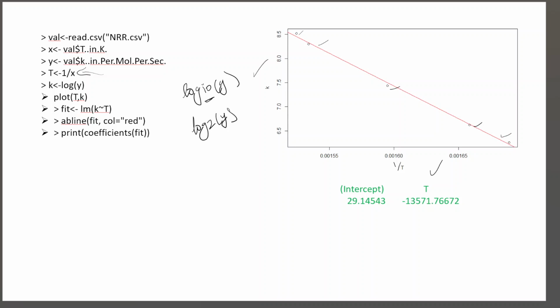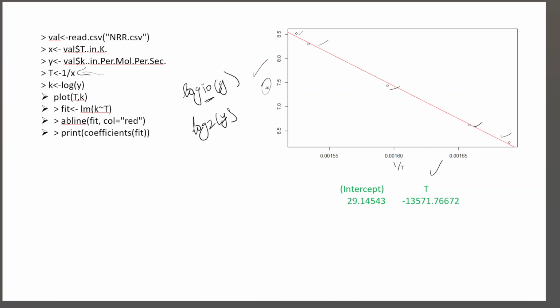Then we gave the linear regression model of K with respect to T. We are trying to find a linear relationship between K and T, and then drawing the line, which is red in color, the line of fit with color equal to red.